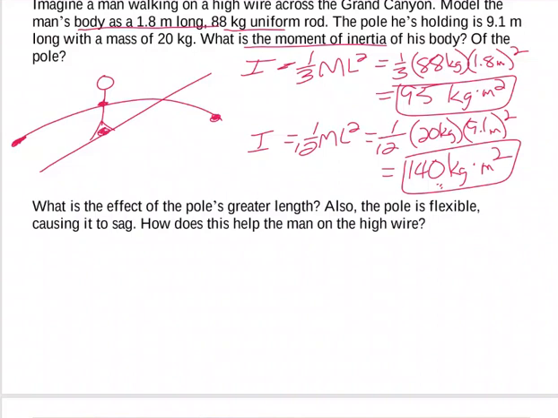So if a gust of wind comes along, that gust of wind is going to have to be there for quite a while in order to get him to start leaning and pushed over. So the moment of inertia increase makes it harder to get him accelerating in one direction or the other. That's the other reason why that bar is important. Being flexible has lowered his center of gravity, but it has also significantly decreased his angular acceleration.